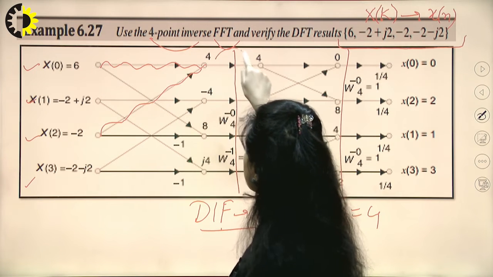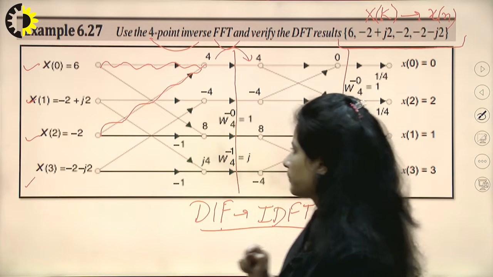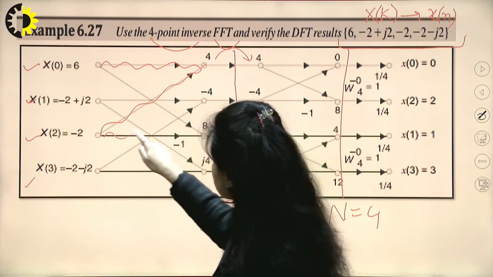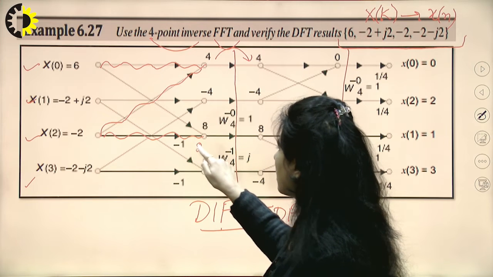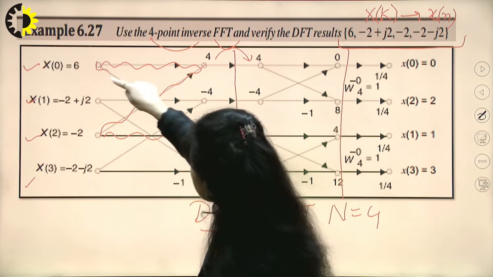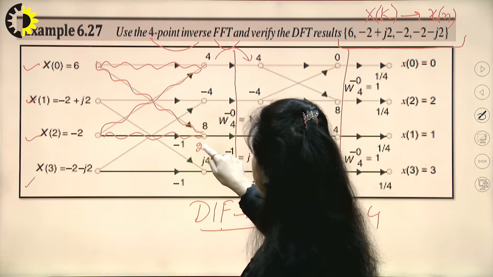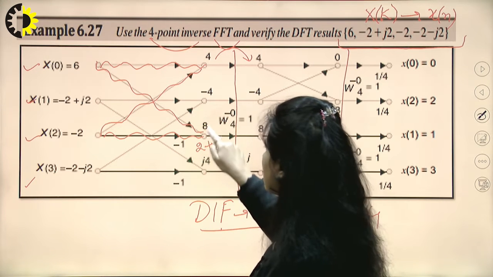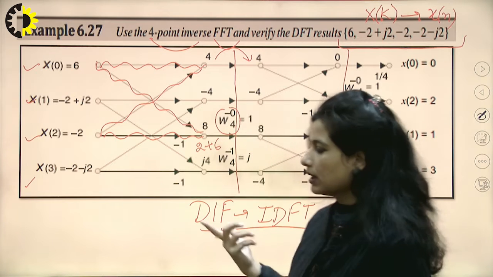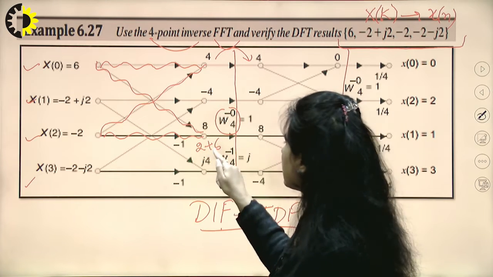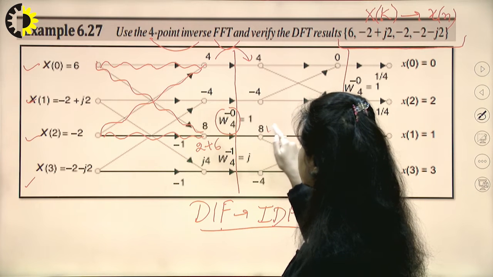So 4 would become input to the next stage. If I look over here, minus 2 multiplied by minus 1, that is 2. And from above, what is coming? 6 plus 2. This is 8. 8 is now being multiplied by W minus 0, 4. This is 1. So 8 multiplied by 1, input is 8.